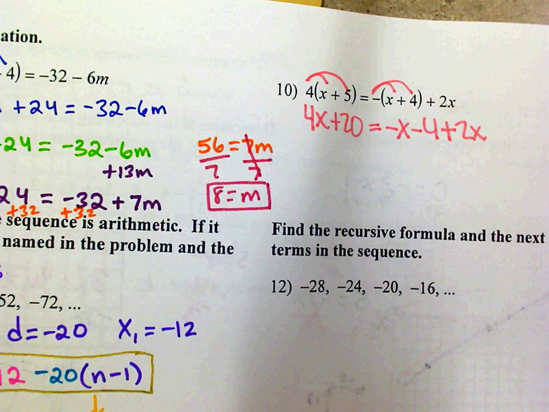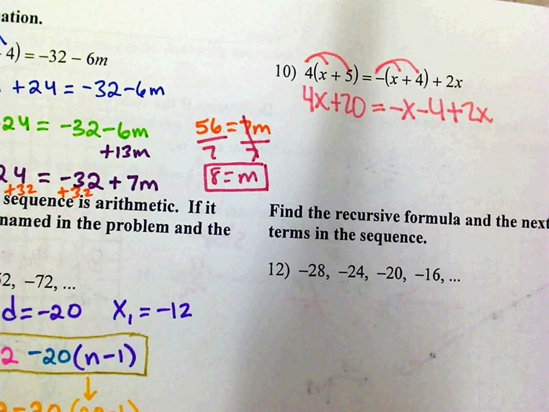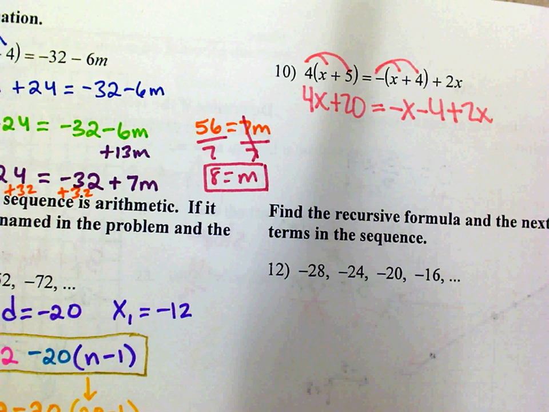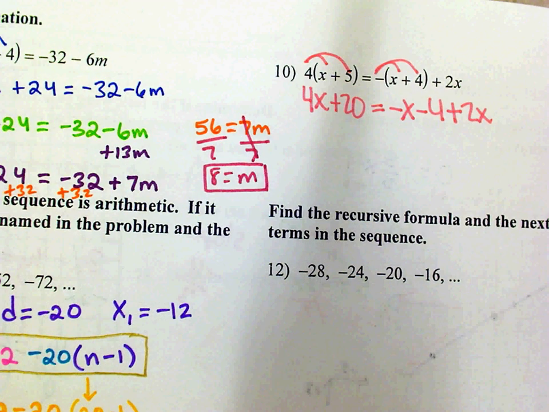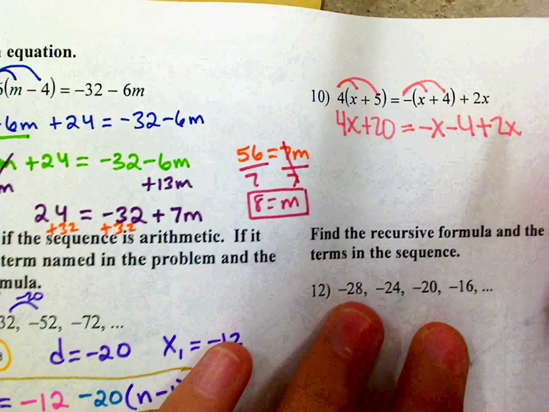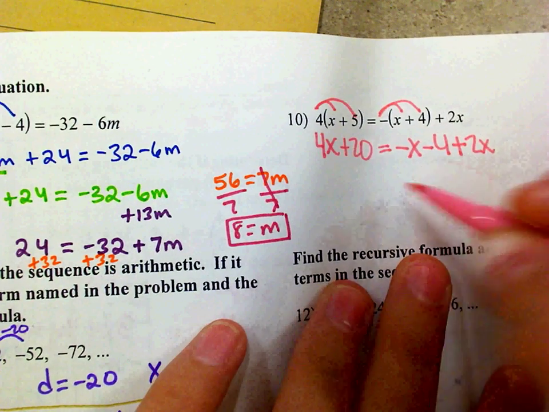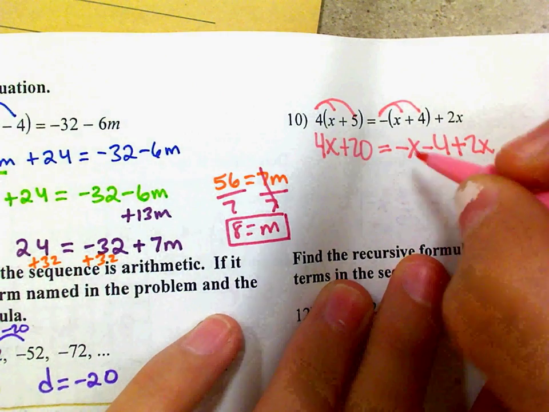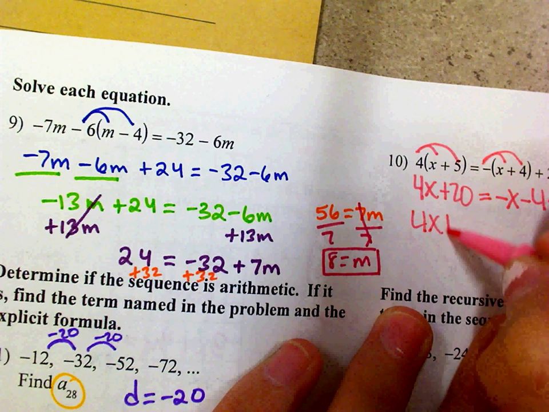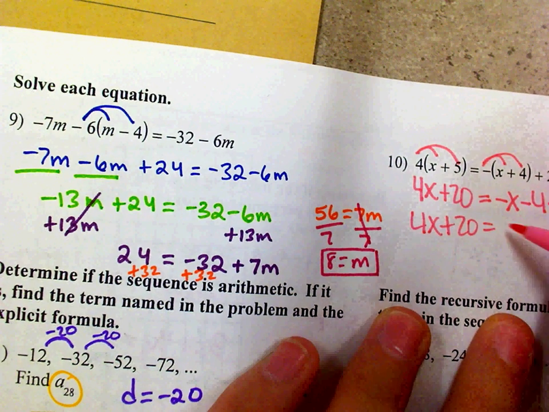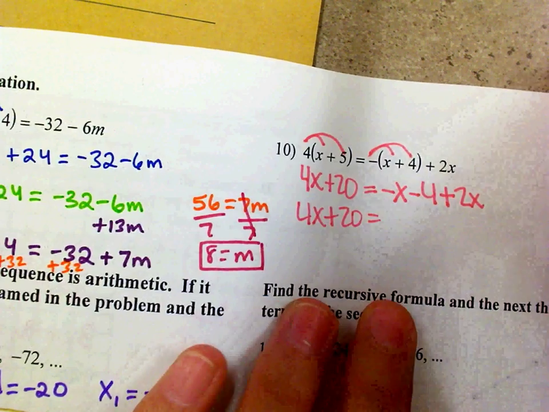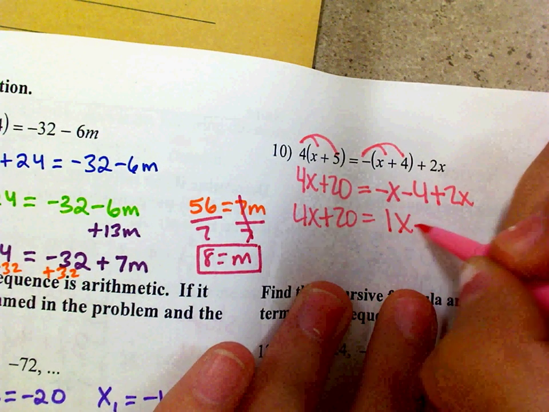Well, you can ask them what to do. Yeah, what do you do next? So 4x plus 20 equals the 1x. So she said negative x and plus 2x is positive 1x, right? Okay, and then minus the 4.